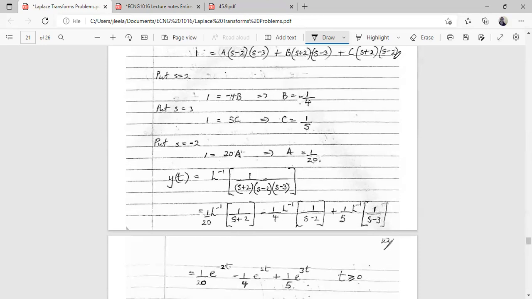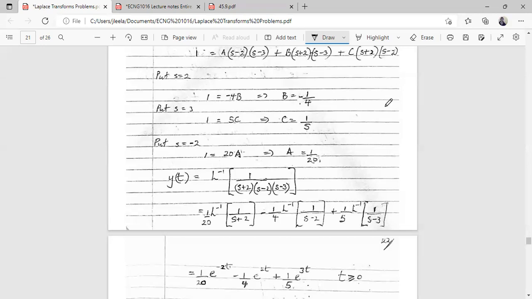So now we're taking the Laplace inverse of that entire fraction, which was broken up into a is 1 over 20, L inverse of 1 over s plus 2, and then the b part is minus a quarter, L inverse of 1 over s minus 2, and then the c part is 1/5.